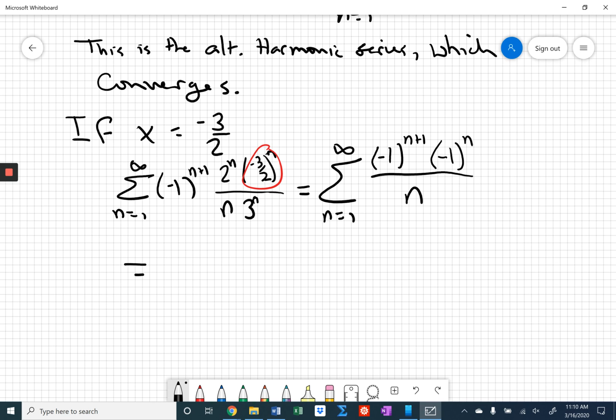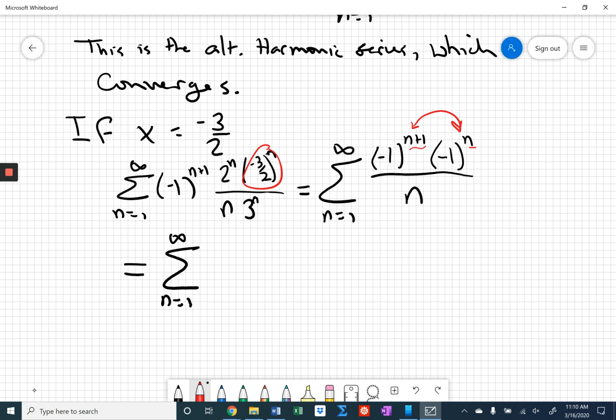Well, (-1)^(n+1), this one's going to be negative sometimes, and then this one's going to be negative sometimes. But no, they're off by 1 in the exponent here. So when this one's even, this one's odd.